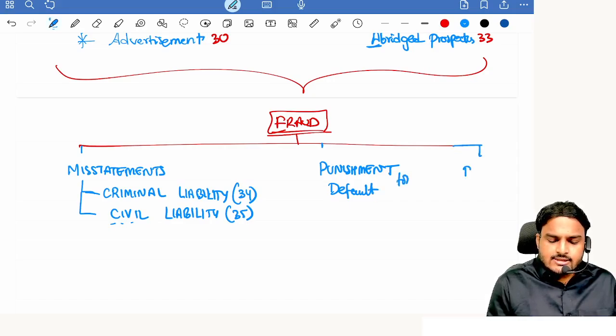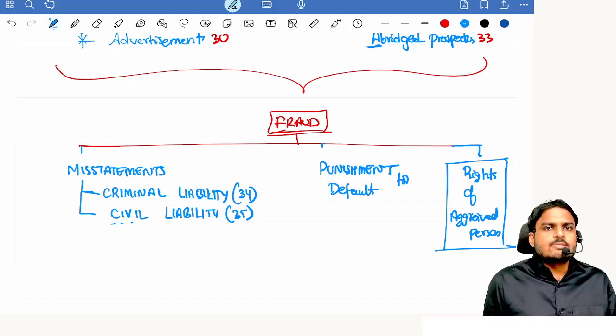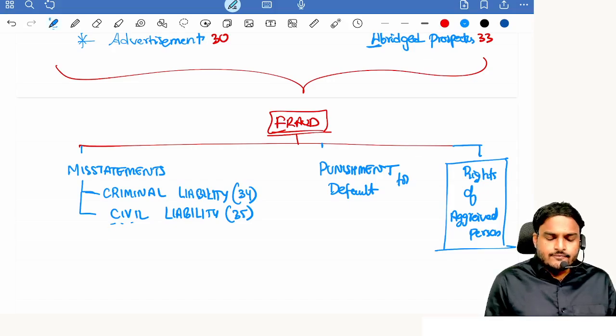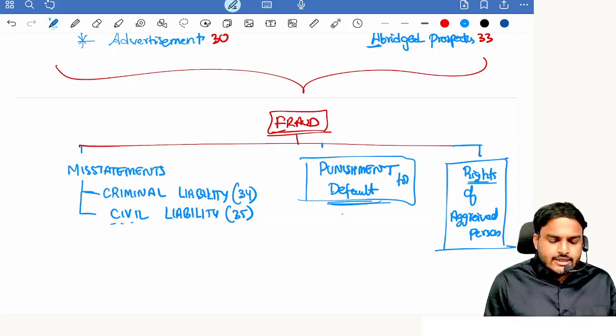And the last one is rights of aggrieved party. See, in case of a contract, you will find two parties. One party, who committed the fraud, we call him the party at default, the defaulter. And the other party, we call him the aggrieved party. Yes or no? So for the defaulting party, punishment, and for the aggrieved party, rights. So punishment for defaulter, it is section 36. And rights of aggrieved person, it is section 37.